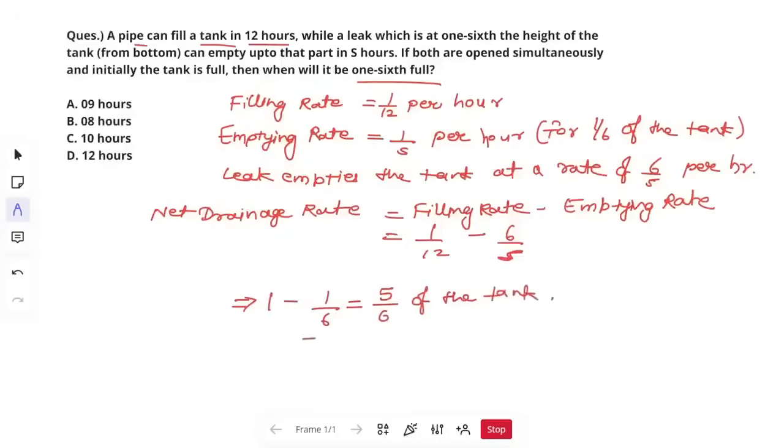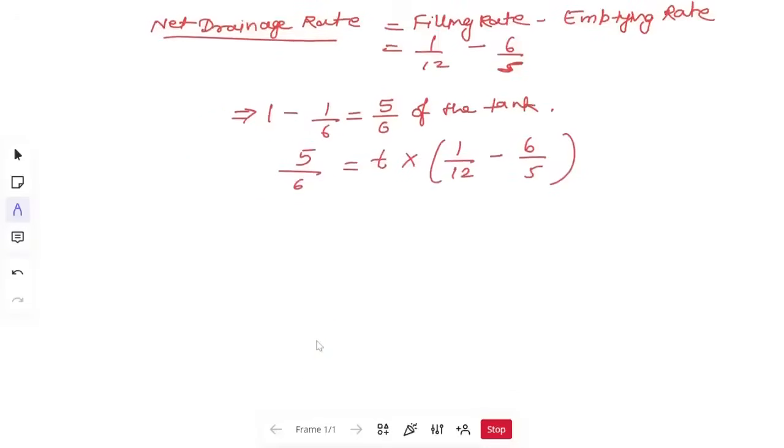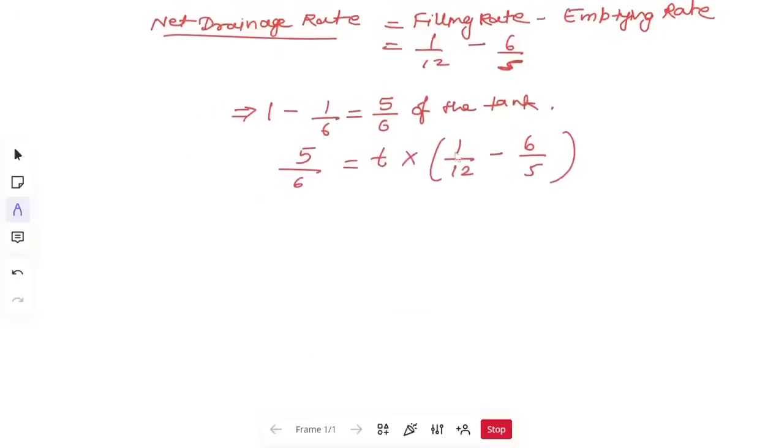So 5/6 is equal to T into (1/12 minus 6/S), which is our net drainage rate. So we have found out how much water needs to be drained out. That is why we have formed this equation, and when we solve it, we will get the value of T as 10 hours. I'm not solving it completely, but if you solve this equation, you will get 10 hours.